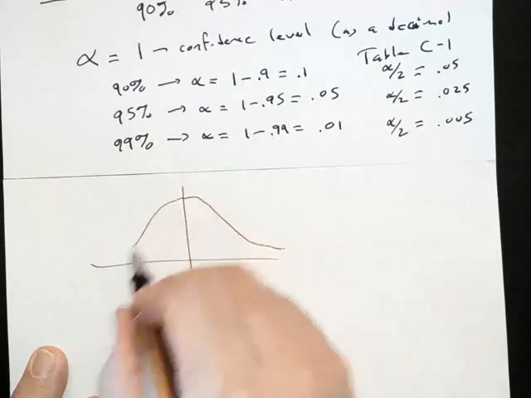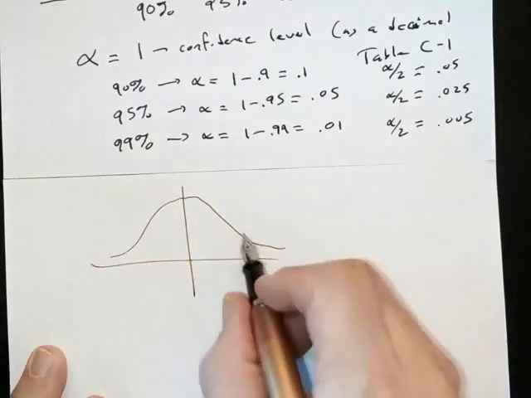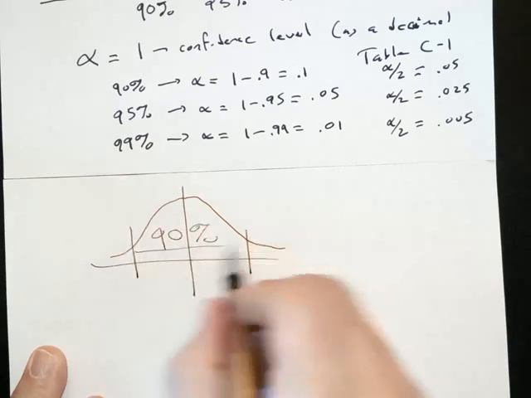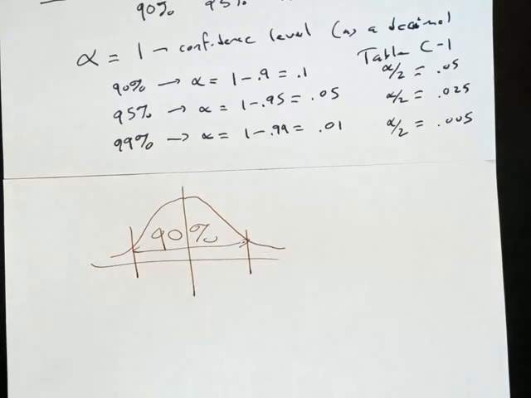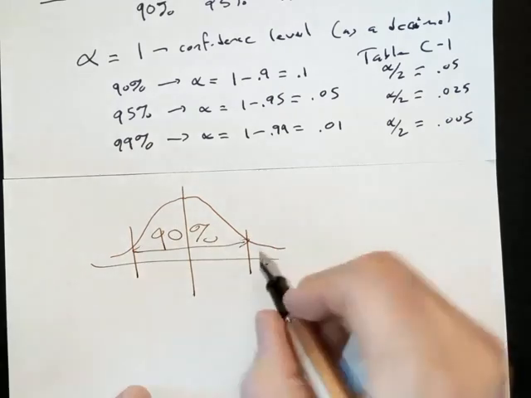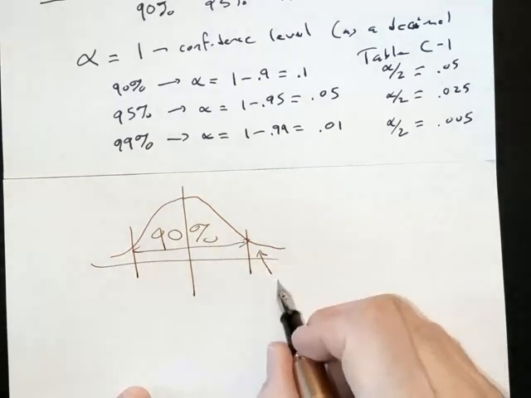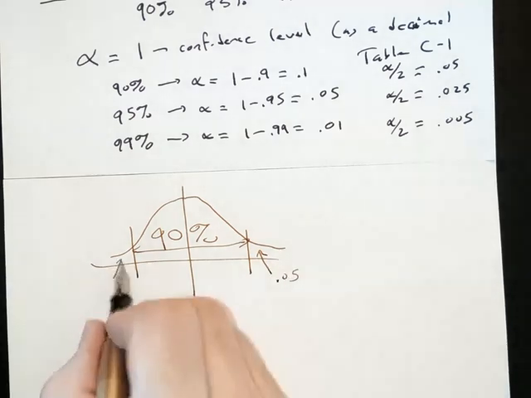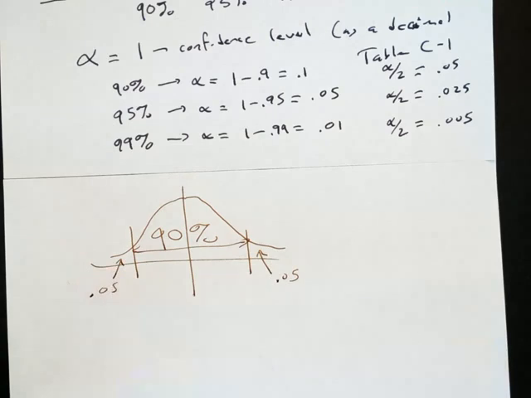Normal distribution, right? I want 90% in here. That means I want this to be 5%. And I want this to be 5%. So do I want the number that goes with 0.05?